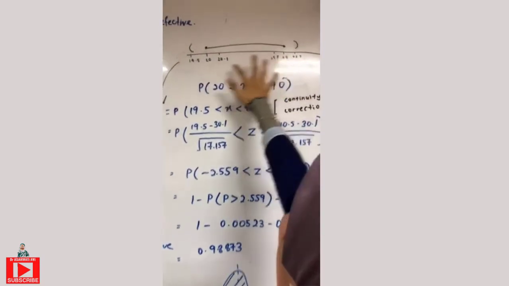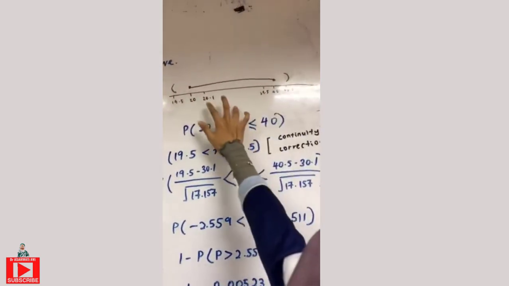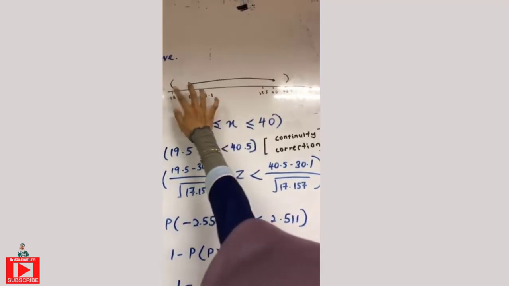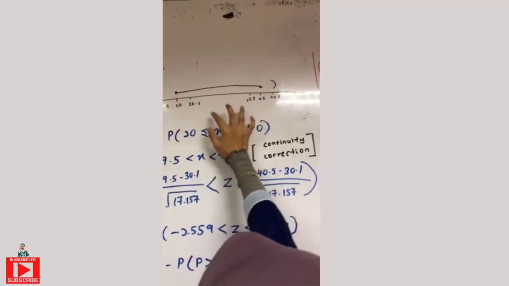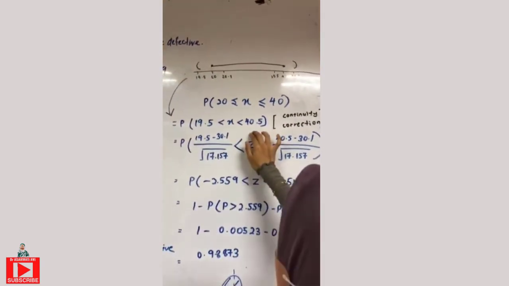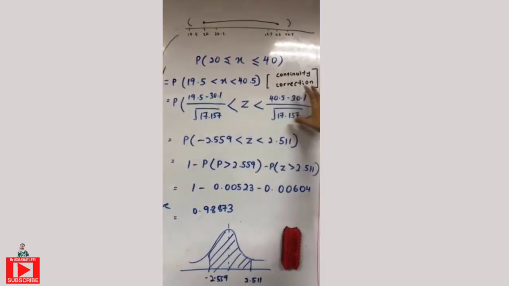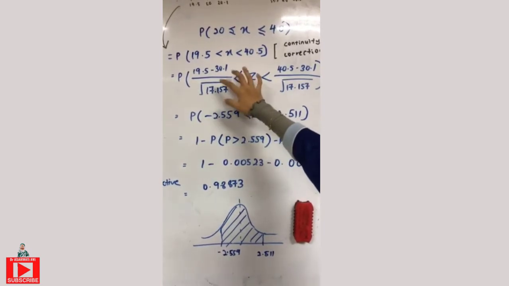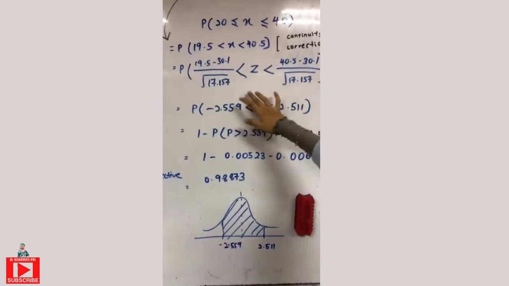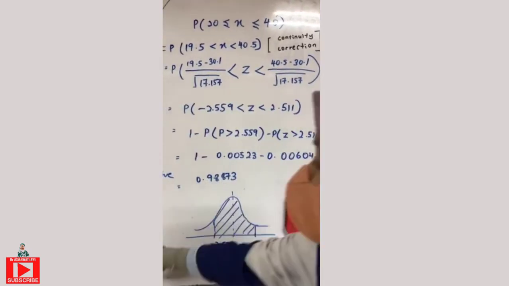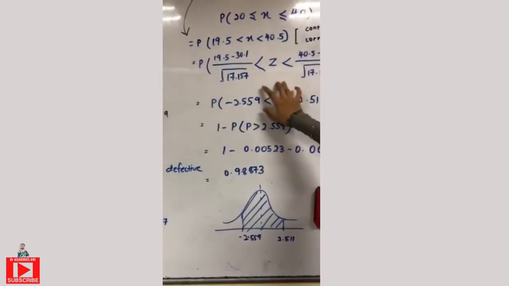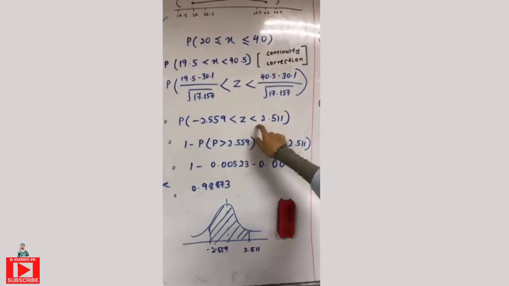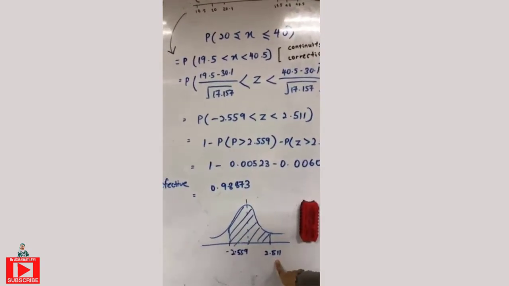So kita buatlah line ni. Yang ni dia termasuk, so kita hitamkan. Benda yang kita nak cari tu dia punya ni. So salin balik, dan kena tukar kepada Z sebab nak tengok table. Masukkan dalam formula Z. Lepas tu 17 ni kita dapat dari sini, lepas tu kira macam biasa. Kita salin balik, tengok dia punya bell shape.